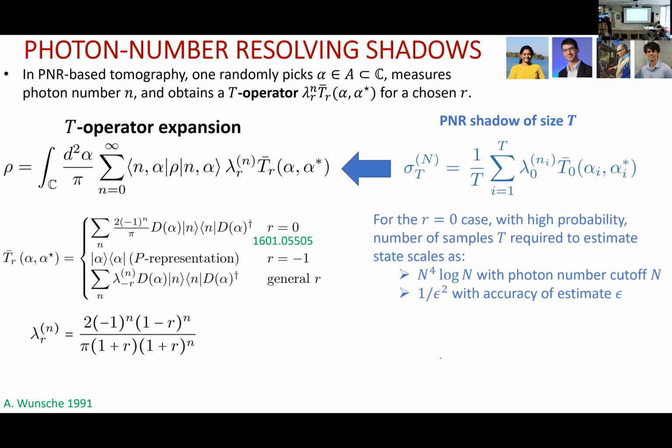For certain values of R, say R equals 0, you can reinterpret it as shadows. These are positive numbers, and the number of samples now scales roughly as n to the 4th. Okay. So statistics really, this is if you have some photon number resolving detectors.